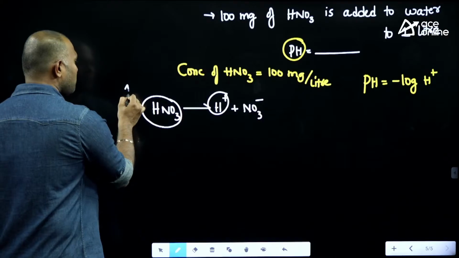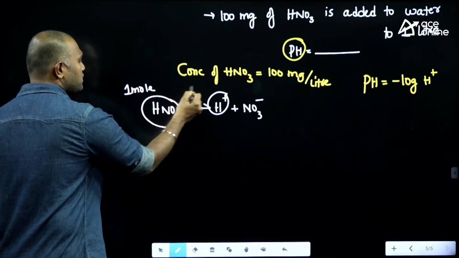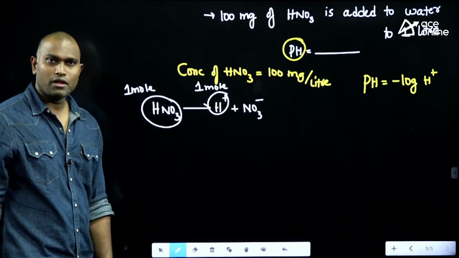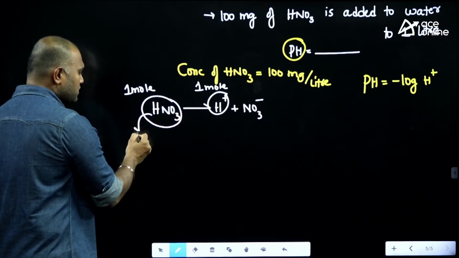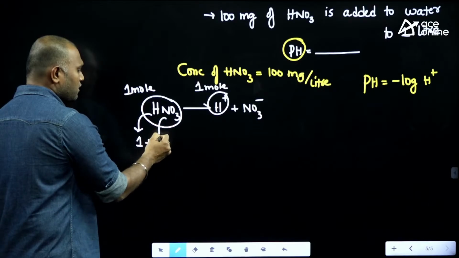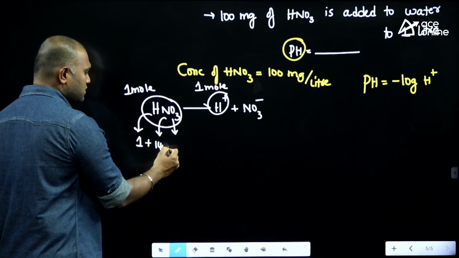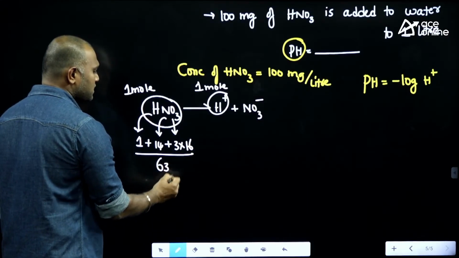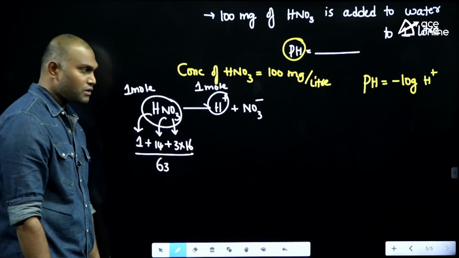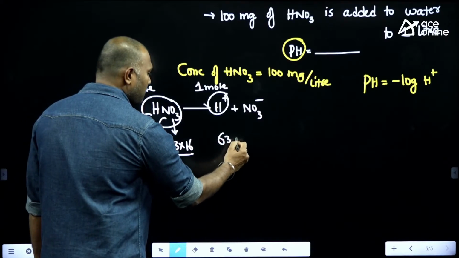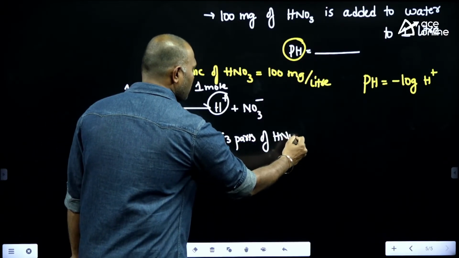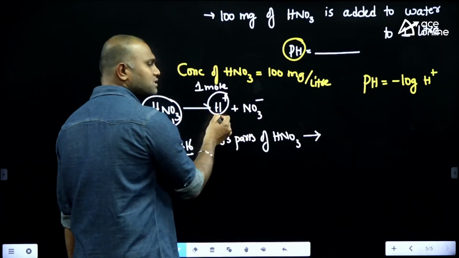That is, 1 mole of HNO3 gives 1 mole of H plus ions. 1 mole of HNO3 means this is 1 molecular weight. This is 14 and this is going to be 3 into 16. So total this comes as 63, right? So 63 parts of HNO3 releases just, what is the H? 1.